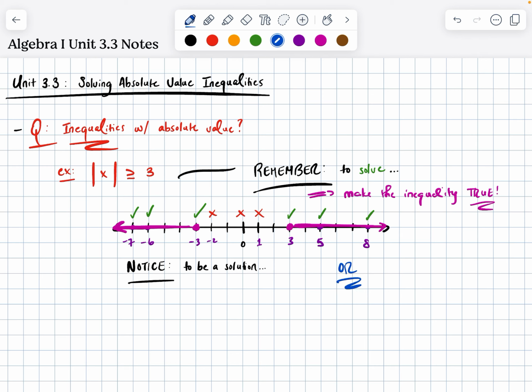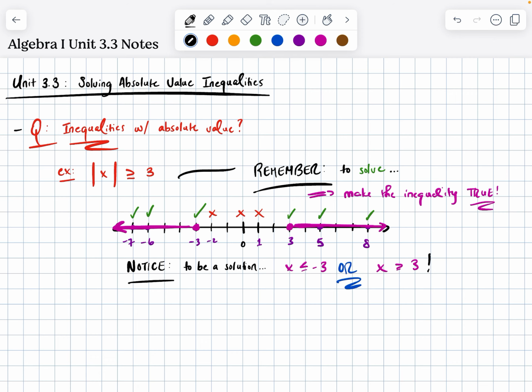And in this case, my two inequalities that make this true, I could be either a value of x that's less than or equal to negative 3, or that's greater than or equal to positive 3. Interesting. So there's a connection between the absolute value inequalities we're going to solve and the compound inequalities that we talked about back at the end of Unit 2.